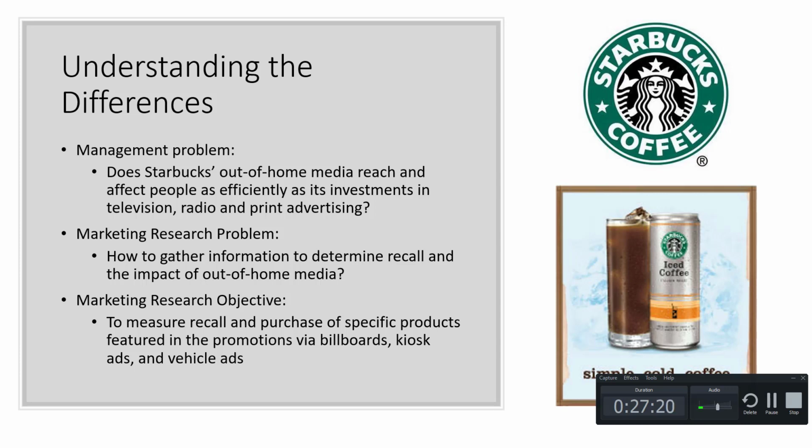They're difficult to grasp because it's complicated. So I want to use a concrete example to help you understand the translation process, so you can see how you get from something abstract to something more concrete so that we can come up with some research objectives. The problem is Starbucks coffee.